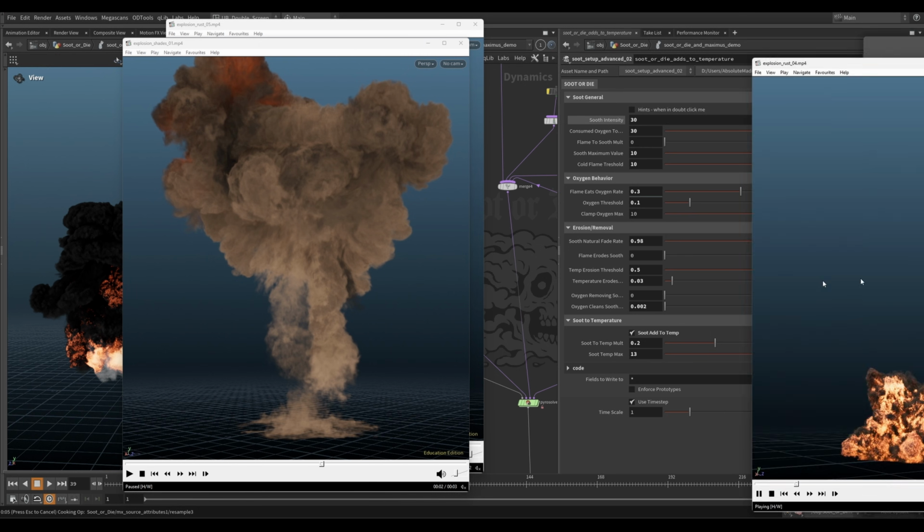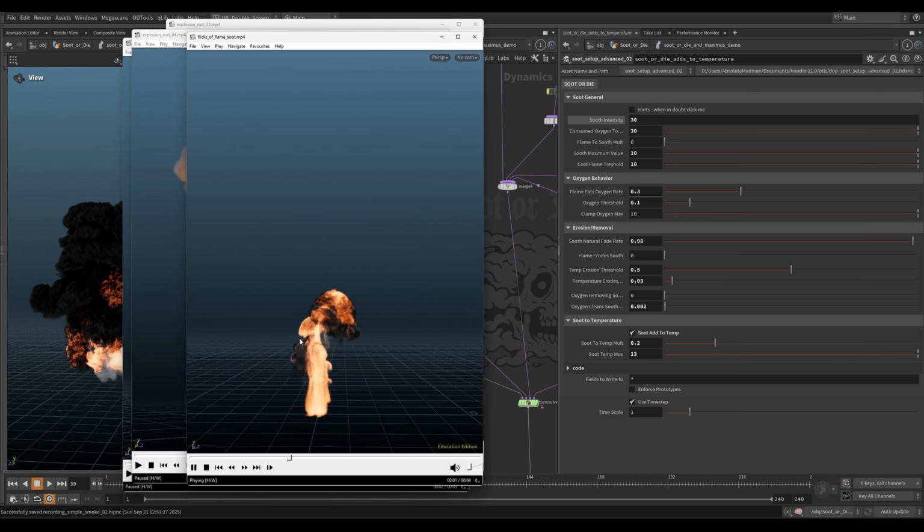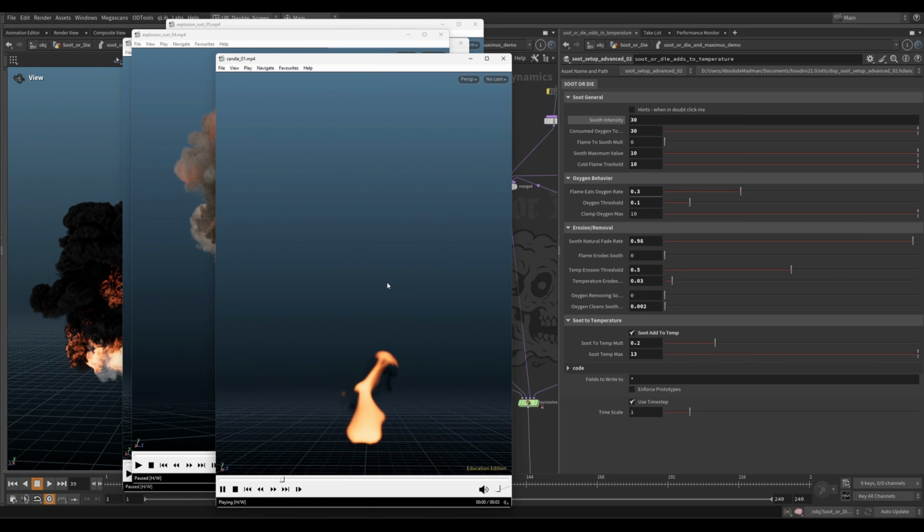It's completely up to you and based on the needs of the explosion, but you can obviously also do small fires, you can do candle flame, this is like a really bad candle flame, but anything that would emit soot or have incomplete combustion, you can add this to, and it's just going to add to the realism.